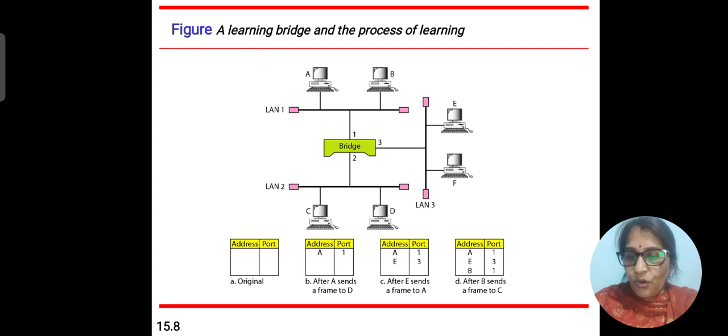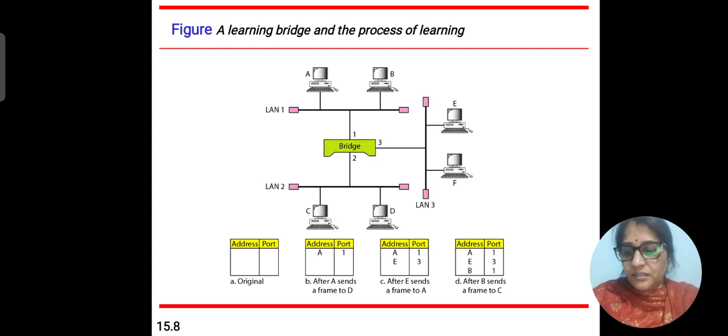There is no flooding. It uses the source address of the frame from E to add a second entry to the table, as shown in table C.